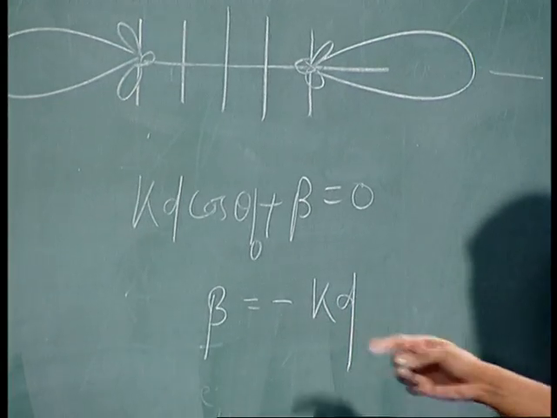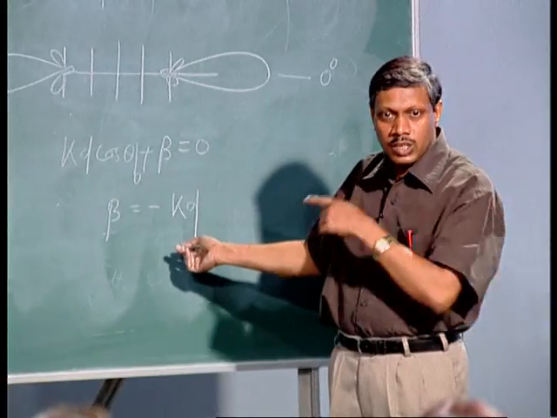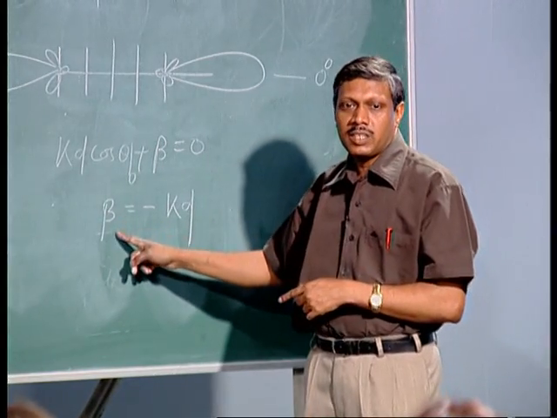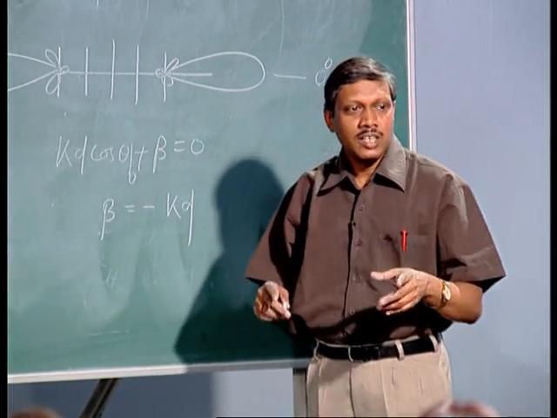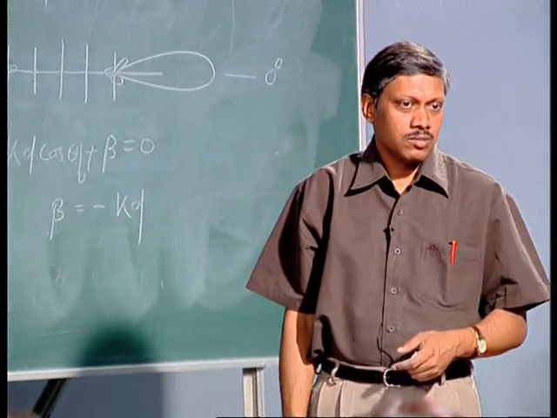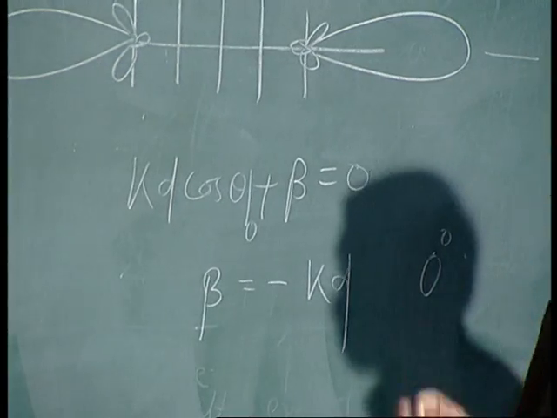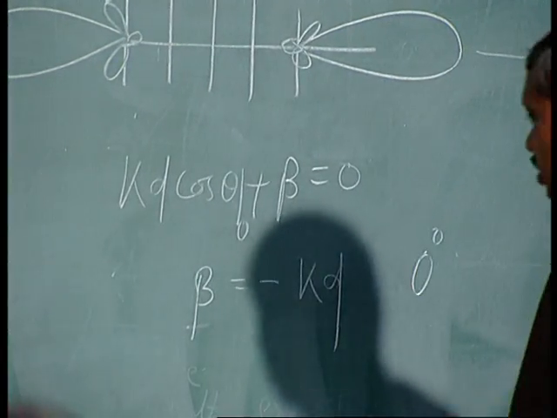Once your array is fabricated, d is fixed. So, looking into that d, you must pick your beta in such a way that it is minus kd, so that you will get an end fire radiation and that too in 0 degree. This is for 0 degree. If you are looking for 180, it will be plus kd.